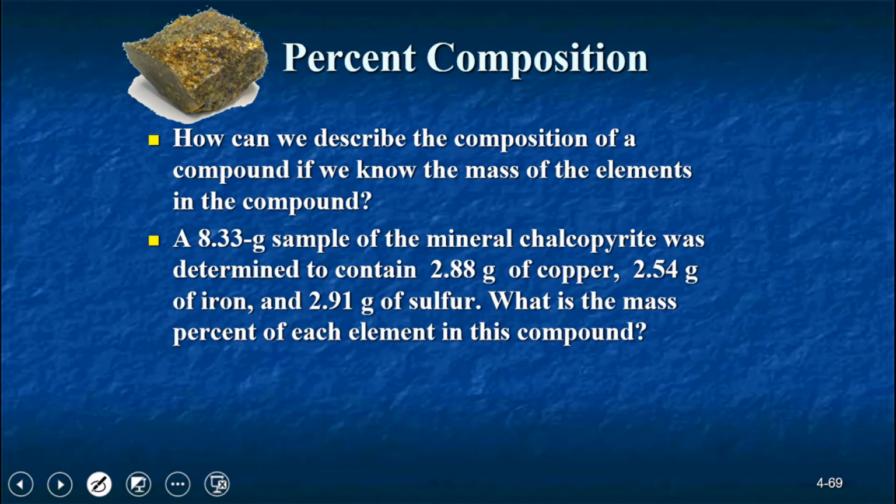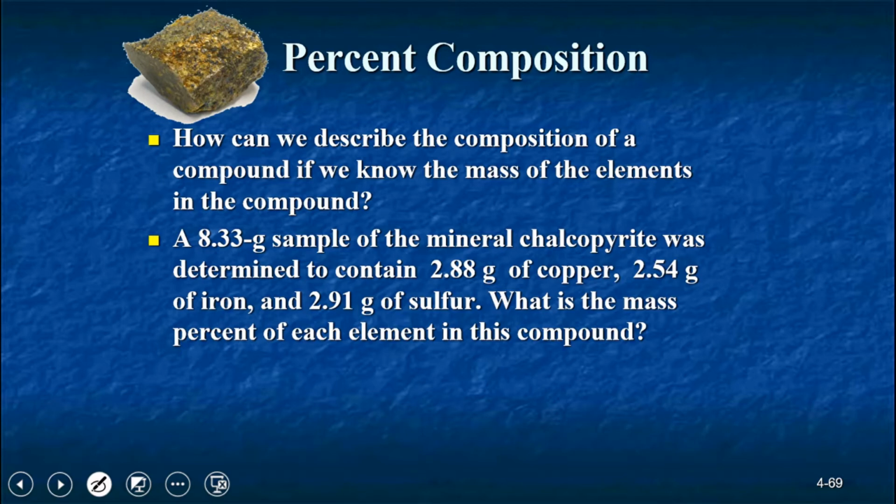So we have an 8.33 gram sample, and it was determined by methods that we're not going to discuss here, but you will get to do a little practice in your lab next time. We have 2.88 grams of copper, 2.54 grams of iron, and 2.91 grams of sulfur. What is the mass percent of each element in this compound?